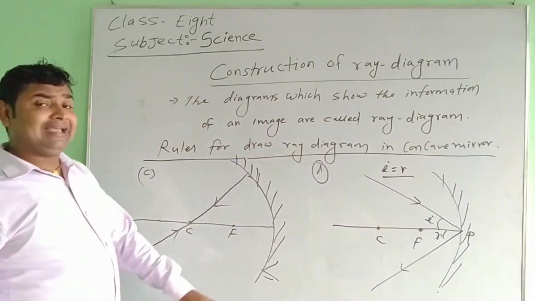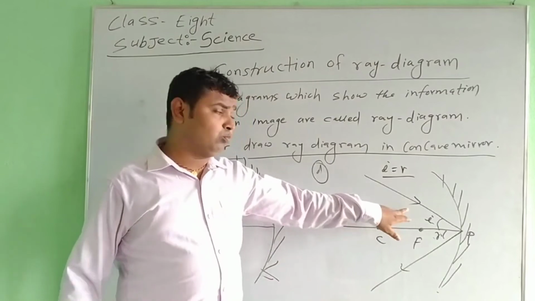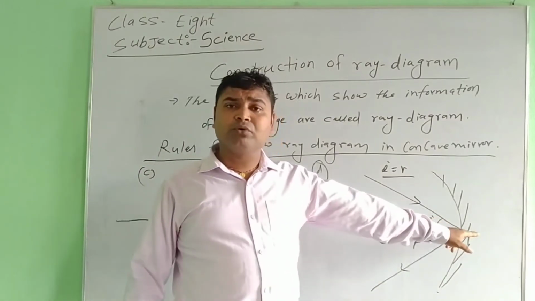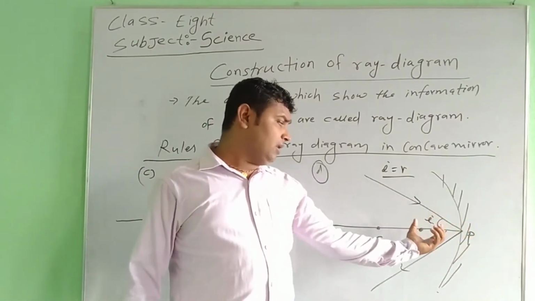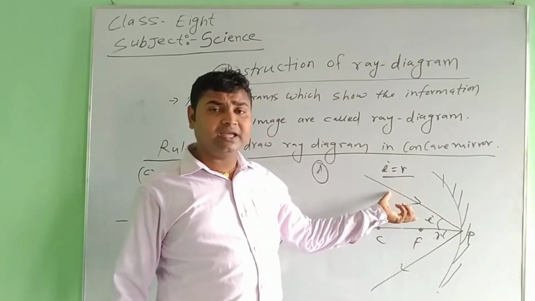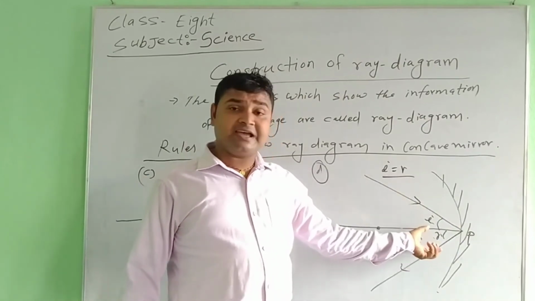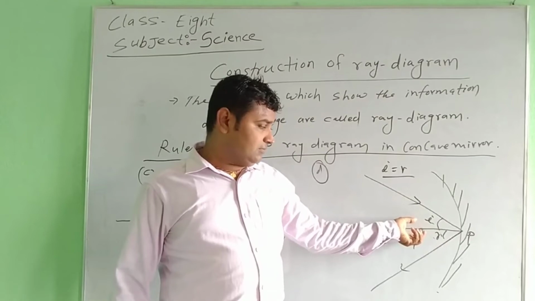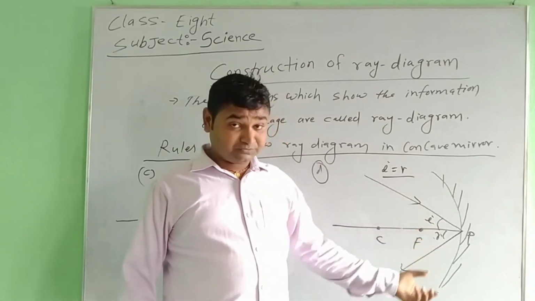It means when an incident ray strikes the pole of the mirror, the angle it forms between the principal axis and the incident ray is the same as the angle between the principal axis and the reflected ray.